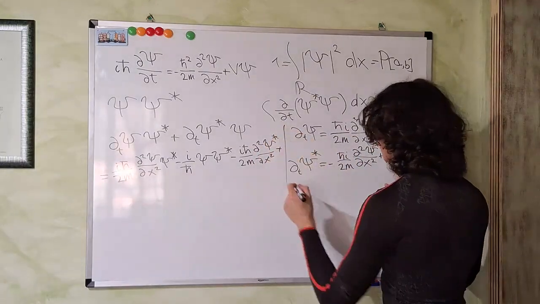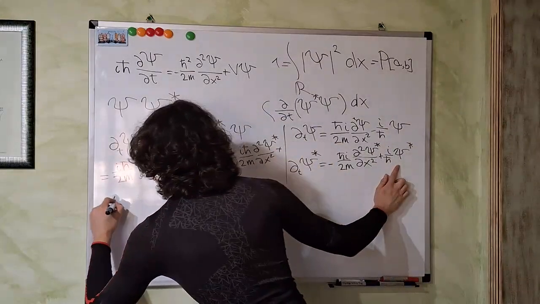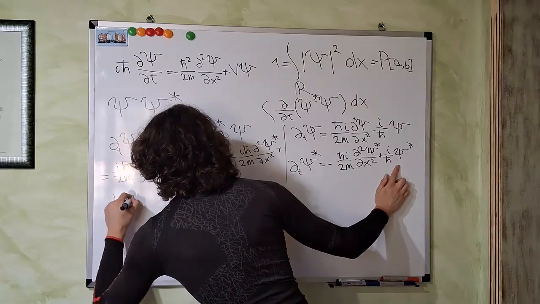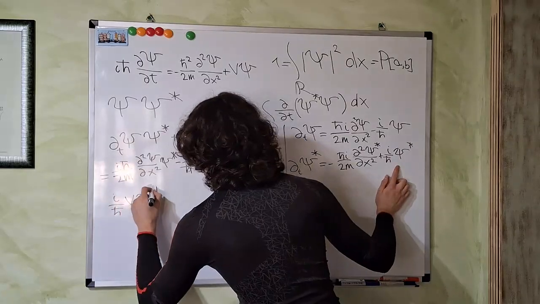Then I have a plus i over h bar V psi star psi.